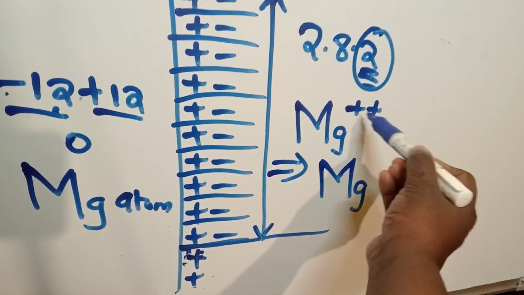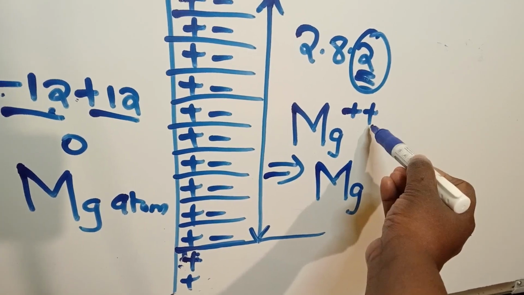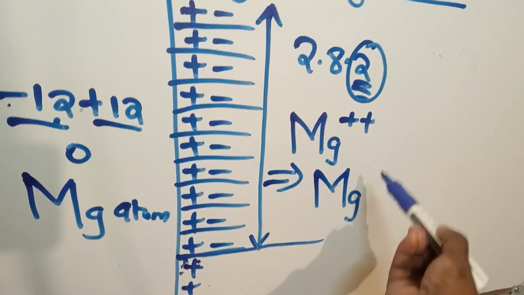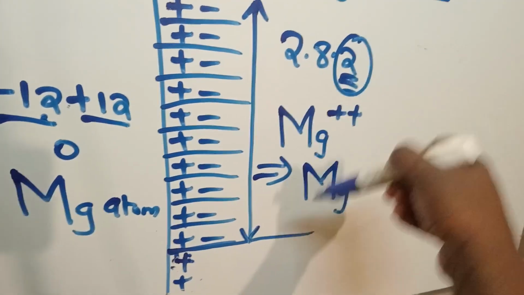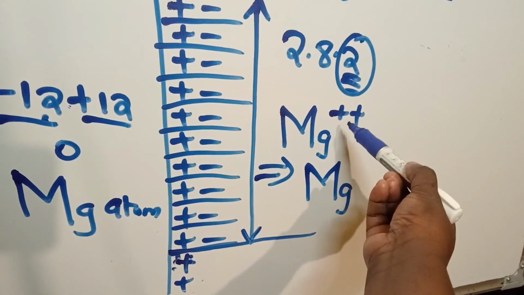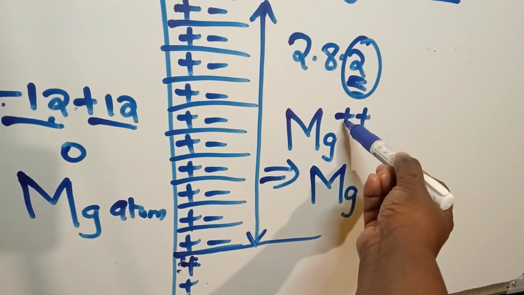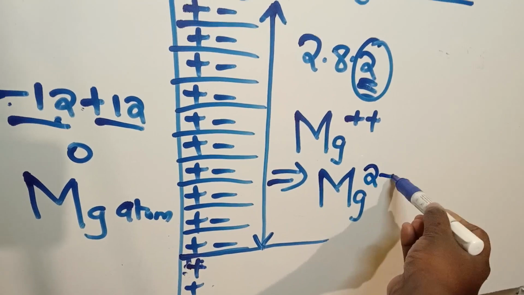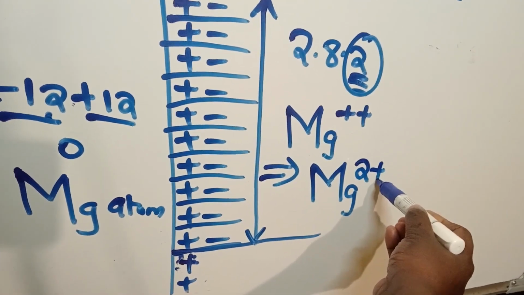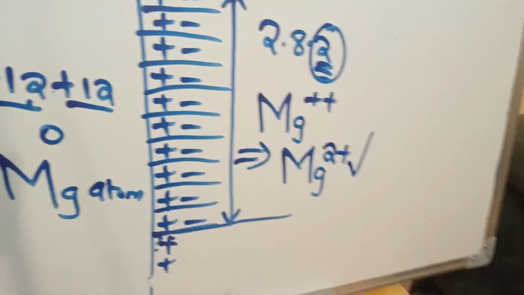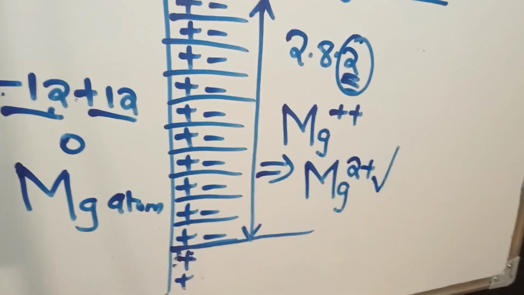What are these? They are 2 positives. And just like we are saying them, 2 positives, we are not saying positive 2. We are saying how many are they? 2. What are they? Positive. So they are 2 positives. So this is the correct way to write the formula of magnesium ion.